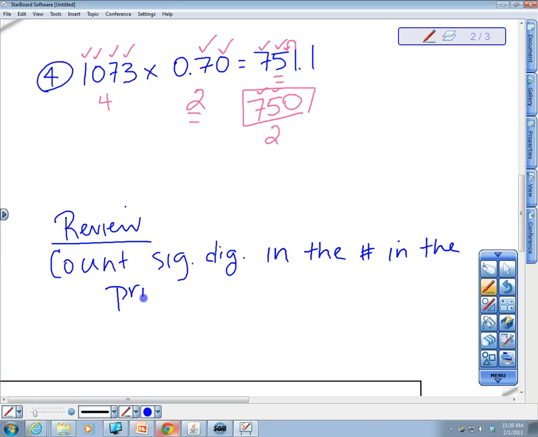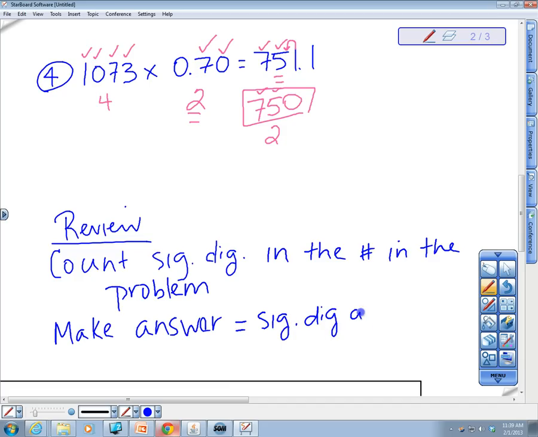So that's the numbers that we are given. And then we make our answer have the same number of significant digits as the number from the problem with the fewest.